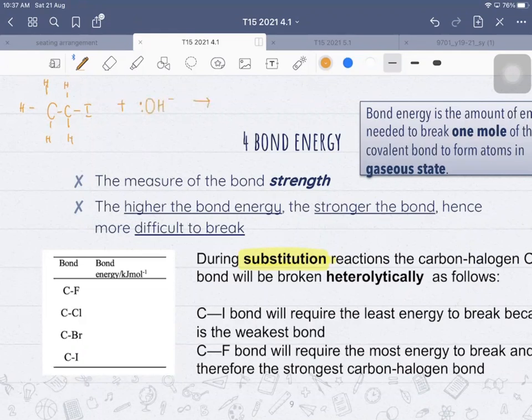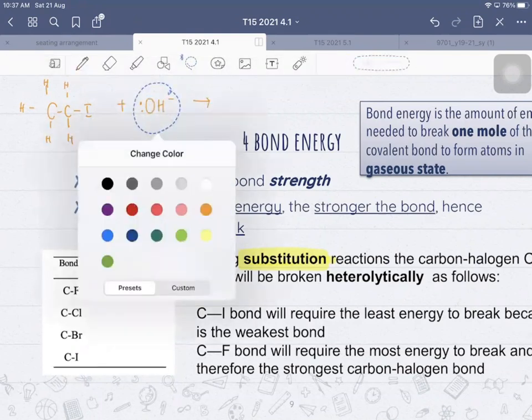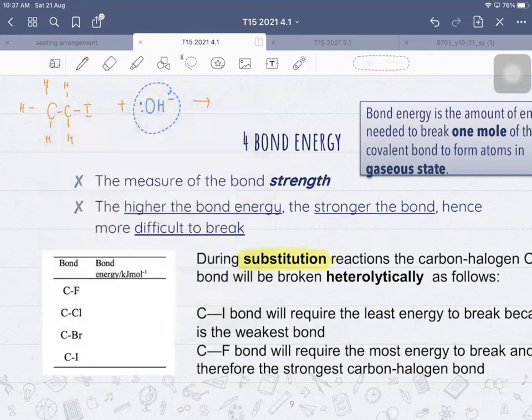What happens is that your halogen, not just iodine, will be replaced with what we call a nucleophile. This will be covered in the next section, where we will look at the attack.